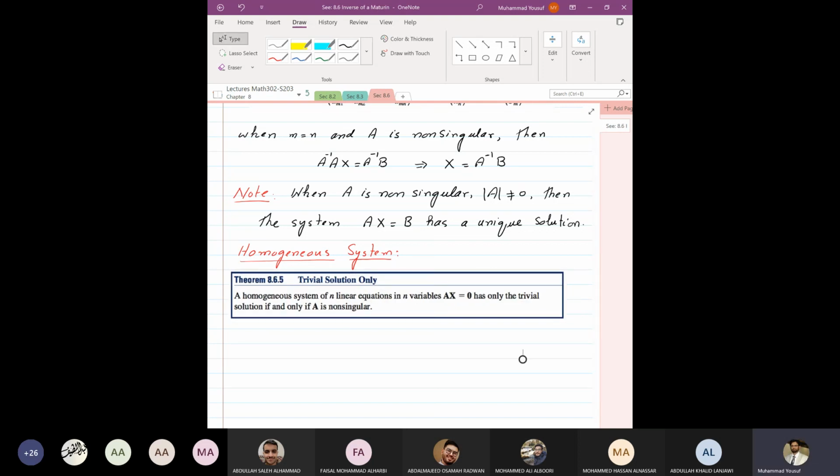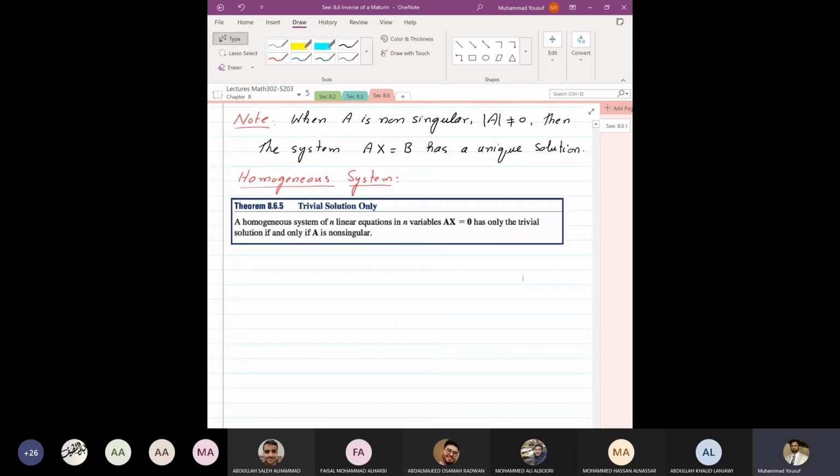The result for this homogeneous system is that a homogeneous system of n linear equations in n variables, that is, A is a square matrix, Ax equal to 0 has only the trivial solution if and only if A is non-singular.